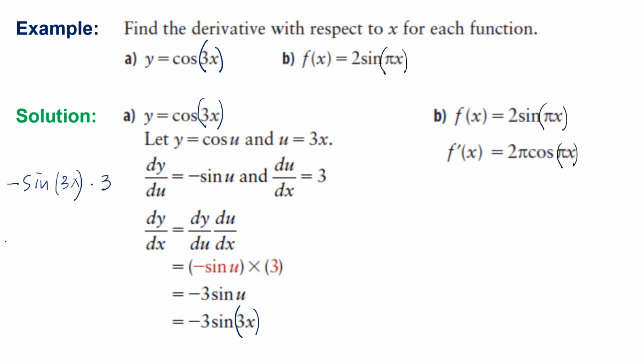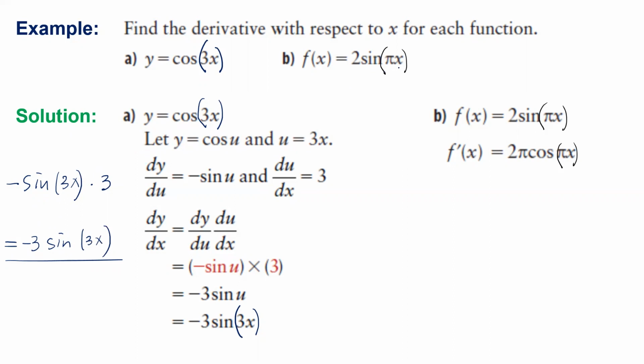Therefore, it is 3, right? So we can directly write the final result is negative 3 times sine of 3x. Okay, so if you're not very familiar with this method, you can slow down a little bit. Just let y equals cosine u and u equals 3x. You can choose either way, okay?